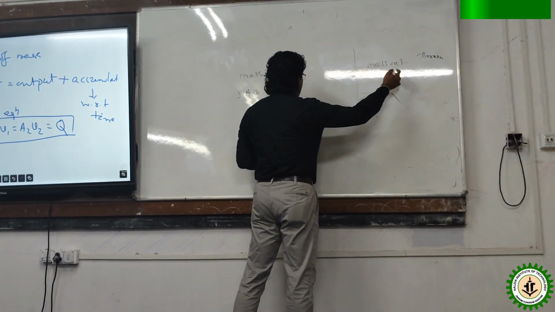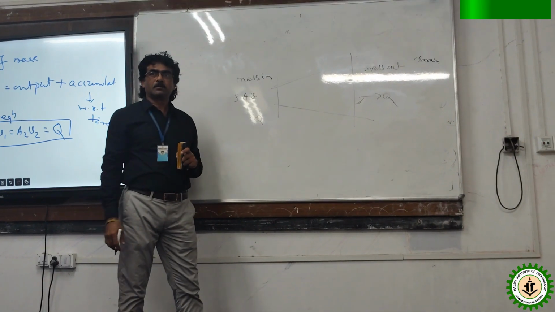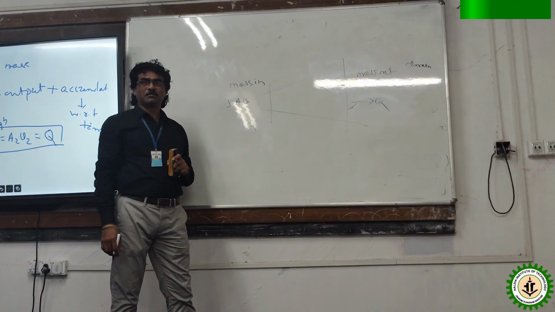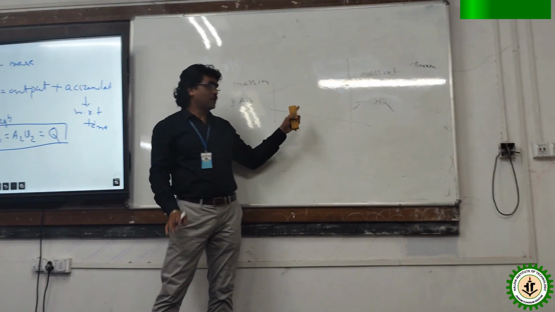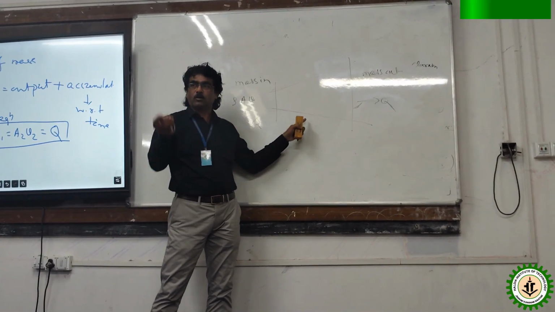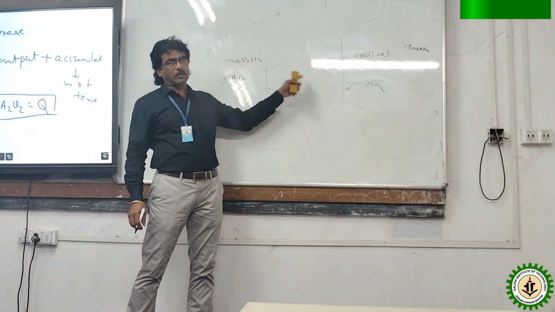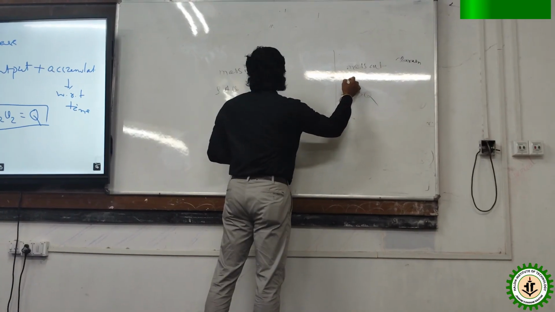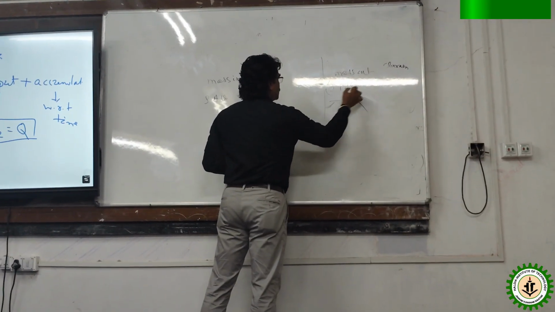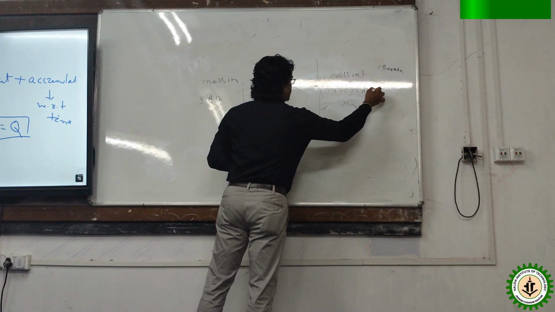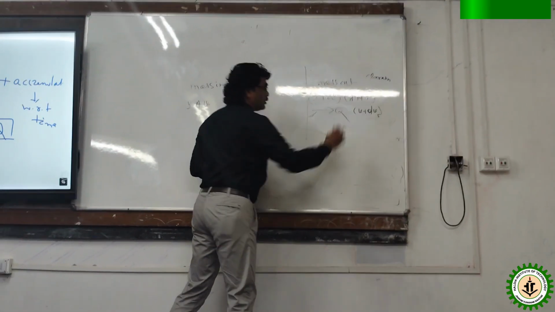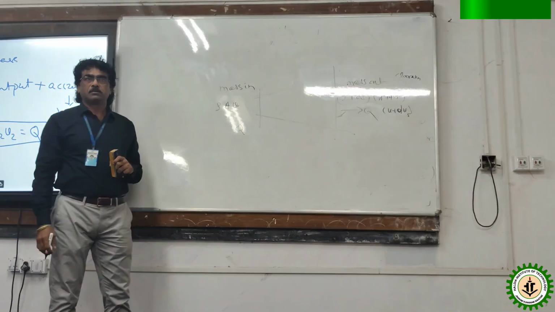Here, will the mass be the same or different? Same. How can you guarantee? If the fluid is incompressible, because nowhere will leakage be there or anything sticking. Whatever the mass is, the same mass will be out. Let it be rho plus d rho, A plus dA, V plus dV as the additional changes.